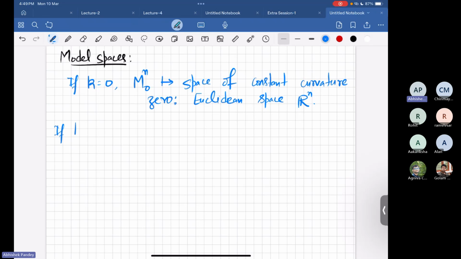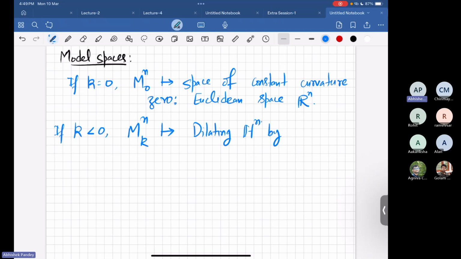The next model space: if k is less than 0, we denote by M_k^n the space of constant curvature k. We get this by dilating the upper half space with the hyperbolic metric, which has constant curvature -1.